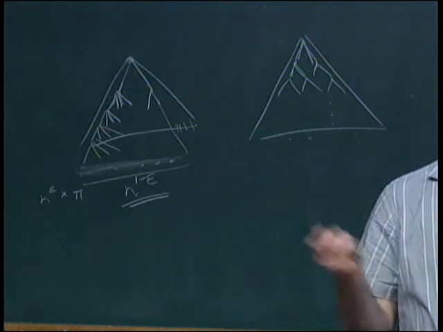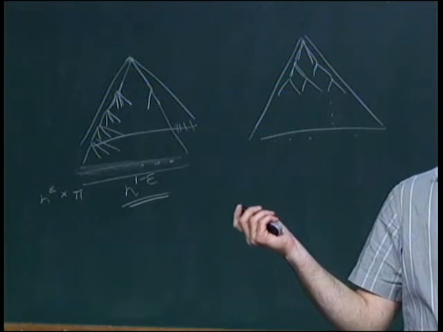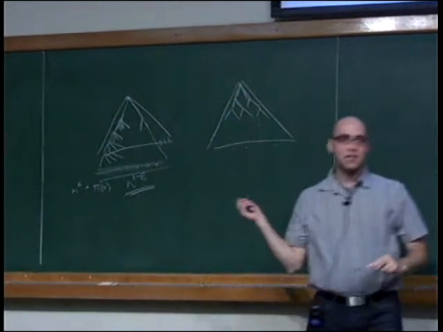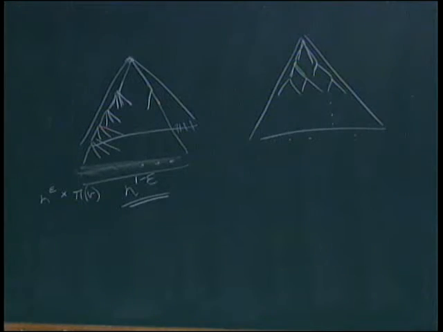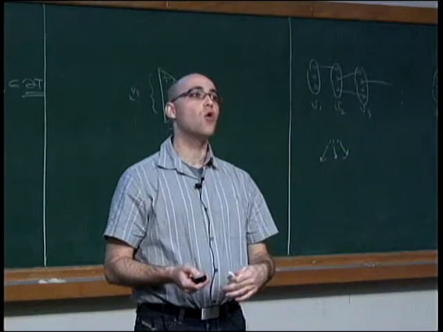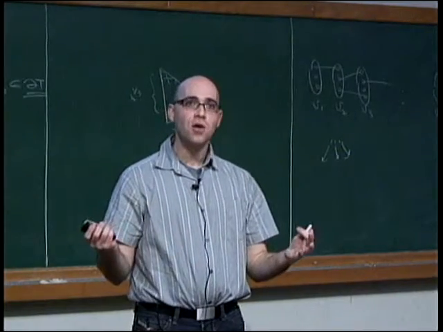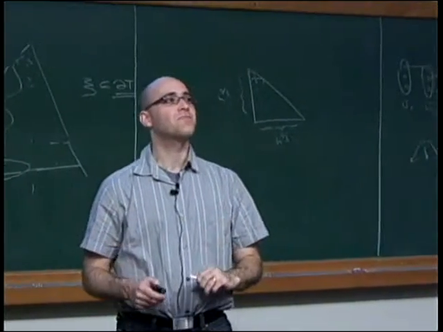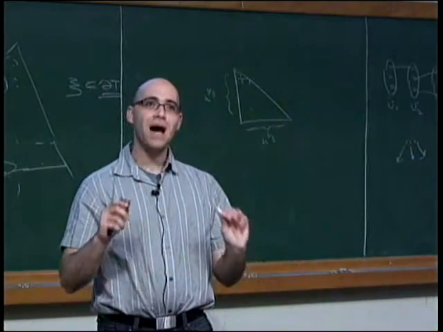So pi is like 1 over n. The stationary distribution, pi of v, is like 1 over n. And this is where it's important to understand not just the harmonic measure, but this quantity that we had before, but also properties like variance, the fluctuations. If every guy in this essential set has a weight that is no more than n to the epsilon compared to the stationary, then at this point, you say, I'm going to punt.